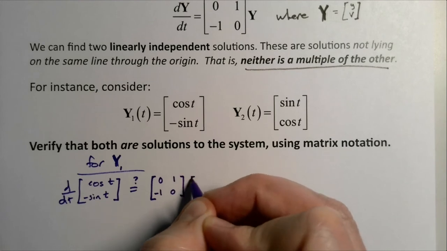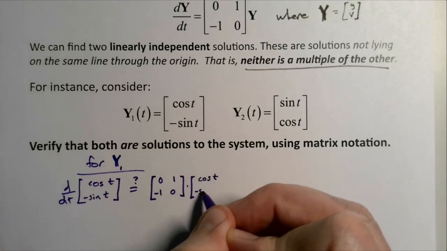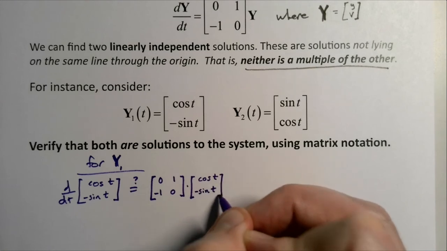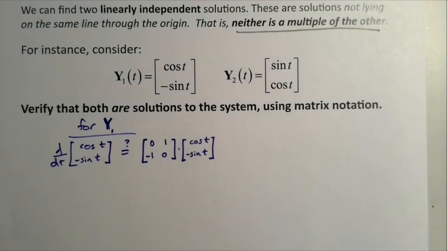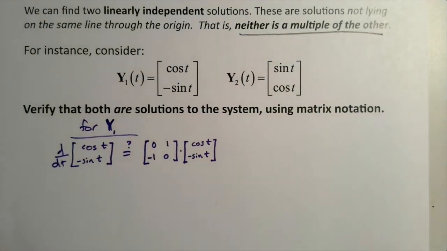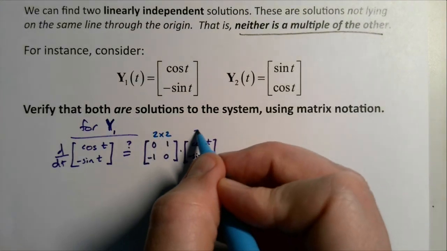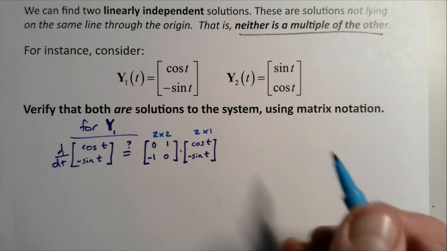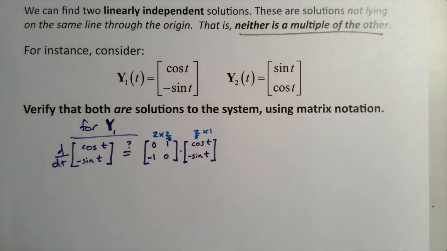And if I multiply that by the matrix cosine t, negative sine t, this side has to equal that side. So a little bit of calculus on the left and a little bit of matrix arithmetic on the right. Now notice this is a 2 by 2 matrix, and this is a 2 by 1 matrix. And we know we can multiply them because that number and that number are the same.